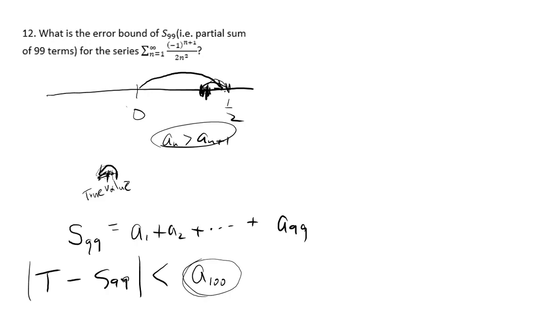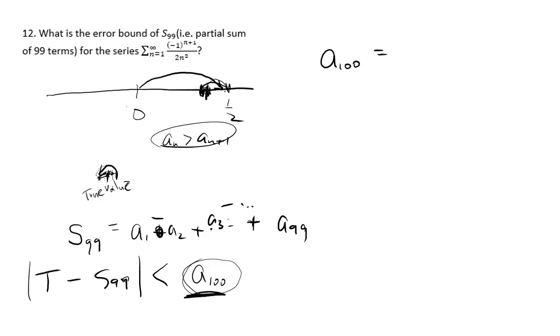So your error will be determined by a_100. Actually, this is an alternating series, so I should say a_1 minus a_2 plus a_3, and so on, plus a_99. With this plus minus plus minus pattern, the next term gives you the error size. So what is a_100 in this case?